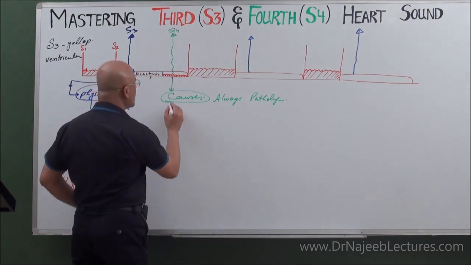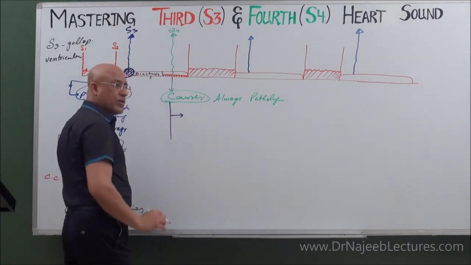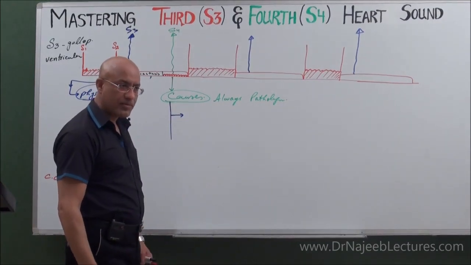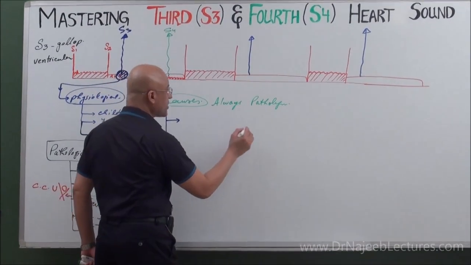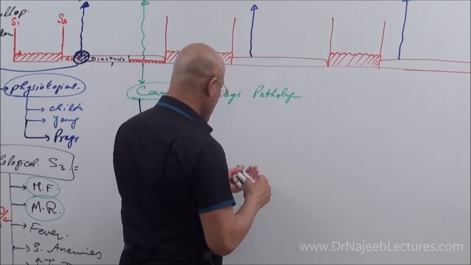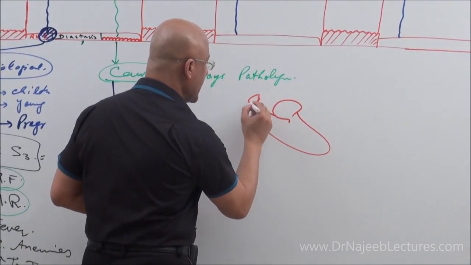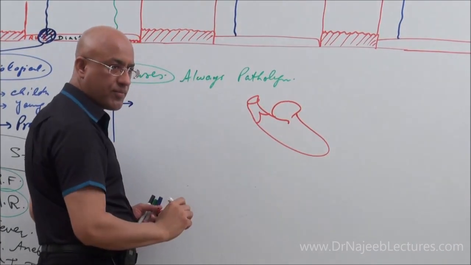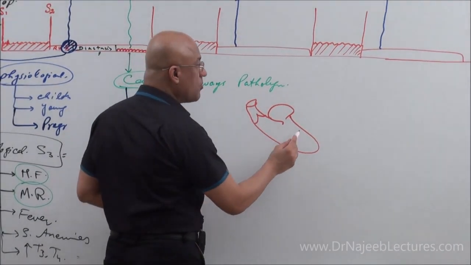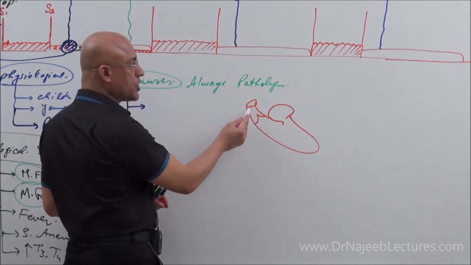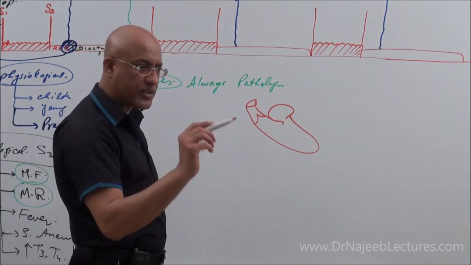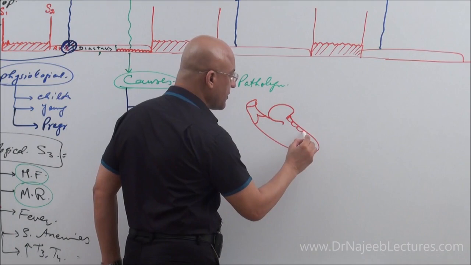Now, what could be the reasons? Anything which produces ventricular hypertrophy. For example, aortic valve stenosis, systemic hypertension. Someone has systemic hypertension, high blood pressure, right? Because the ventricle has to push the blood against high pressure, gradually it will become hypertrophied.